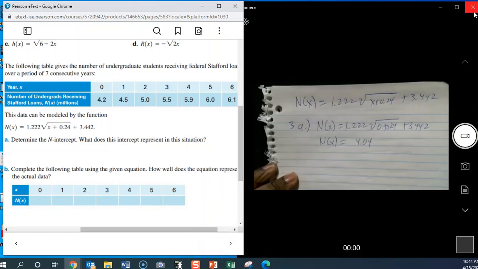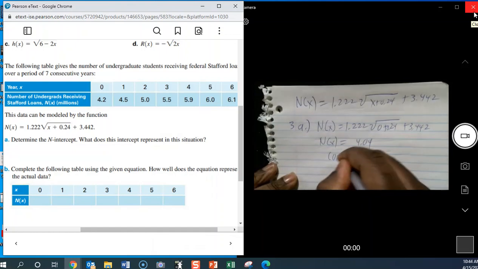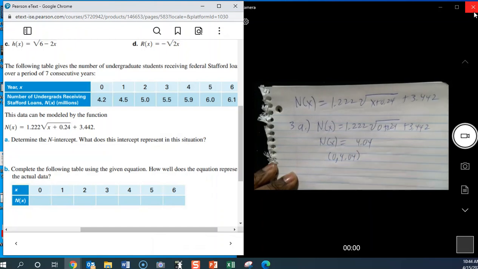Now, of course, since it's an intercept, we have to write it as an ordered pair. So it'd be 0, comma, 4.04.